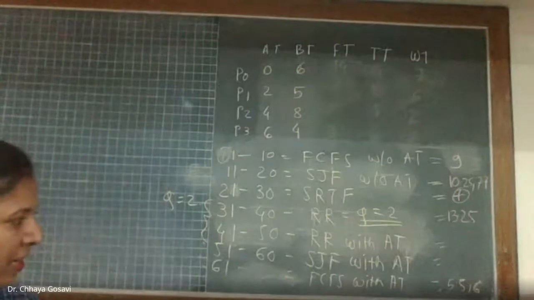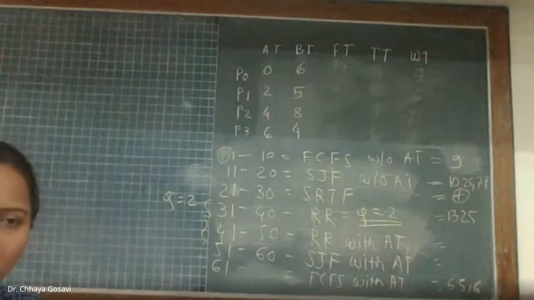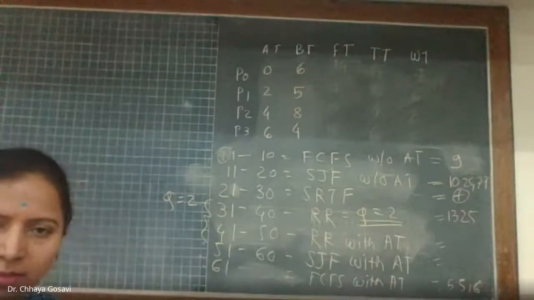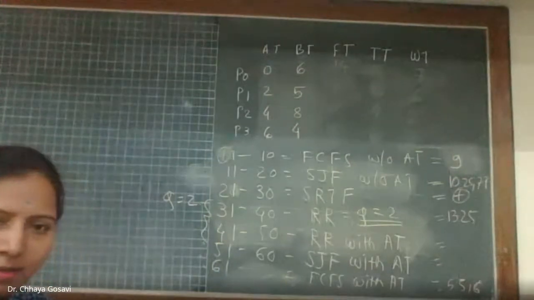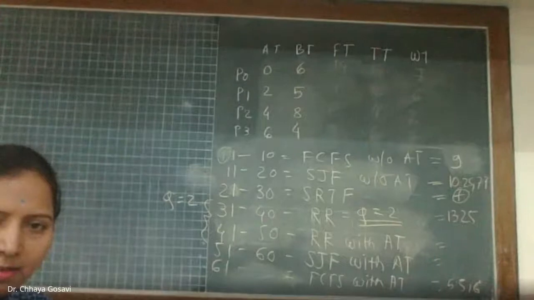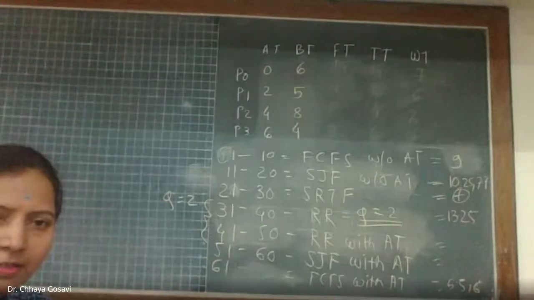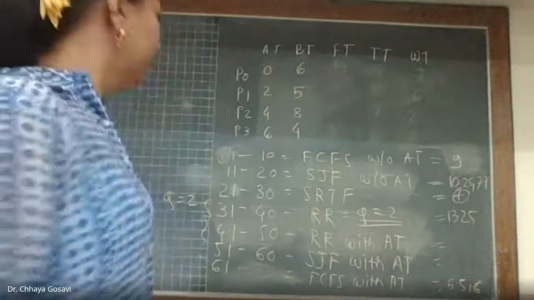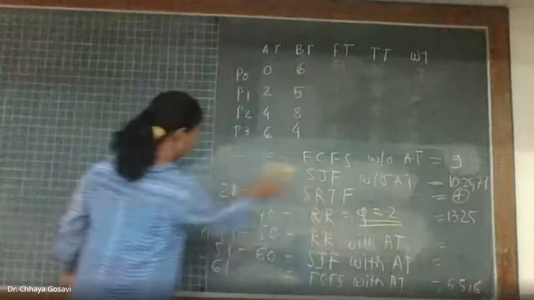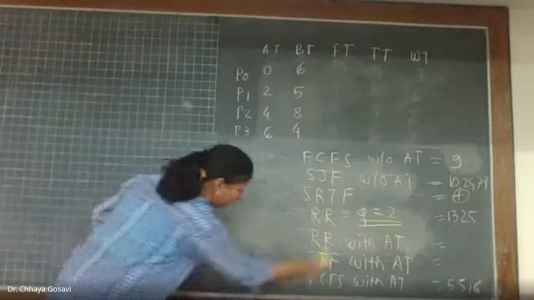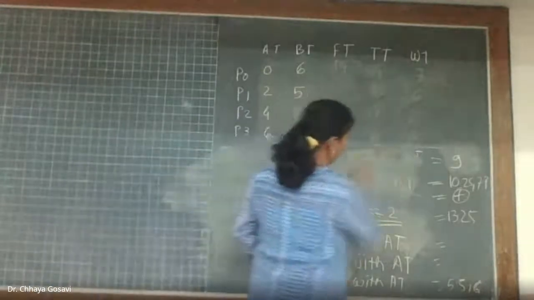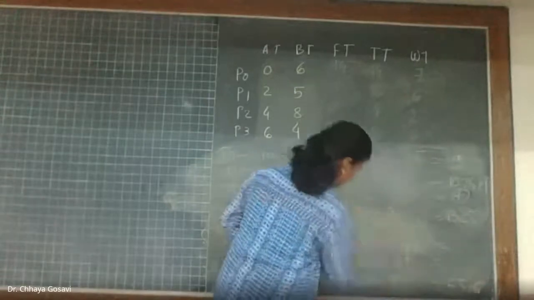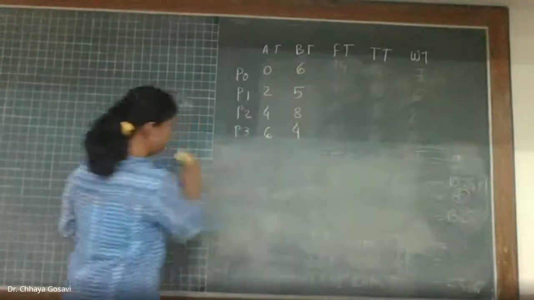Round robin with arrival time and SJF with arrival time. Roll number 59, Rahi. You have to cross check with your results.